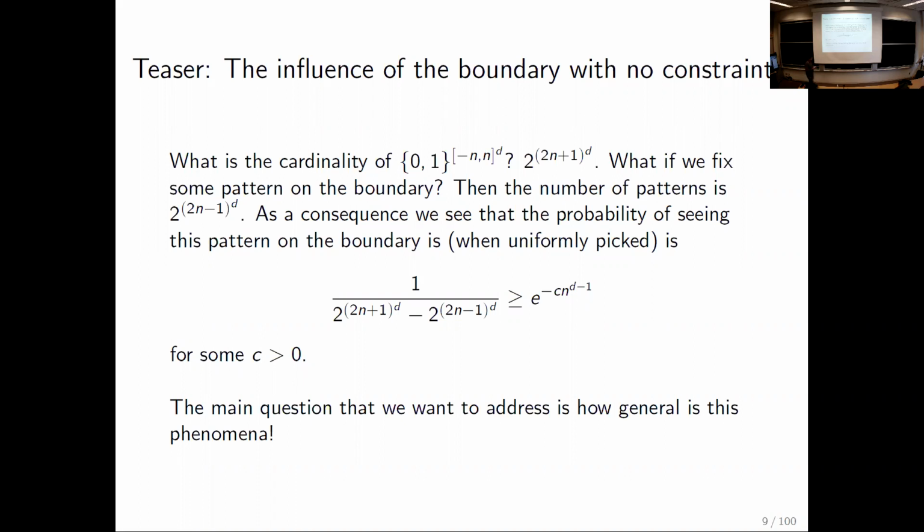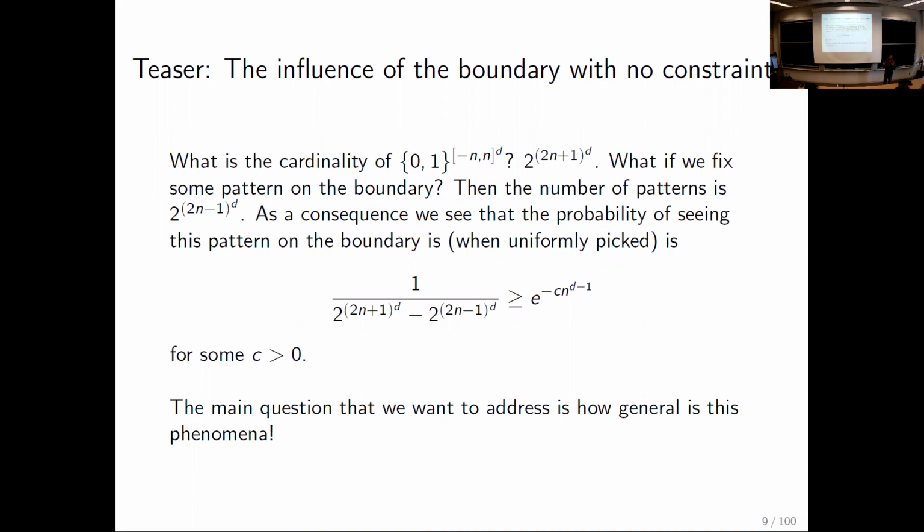So the main question, which might be difficult to get hold of as we proceed in the talk, is how in general does this phenomenon work, that if I restrict to a pattern on the boundary, I don't lose too much.